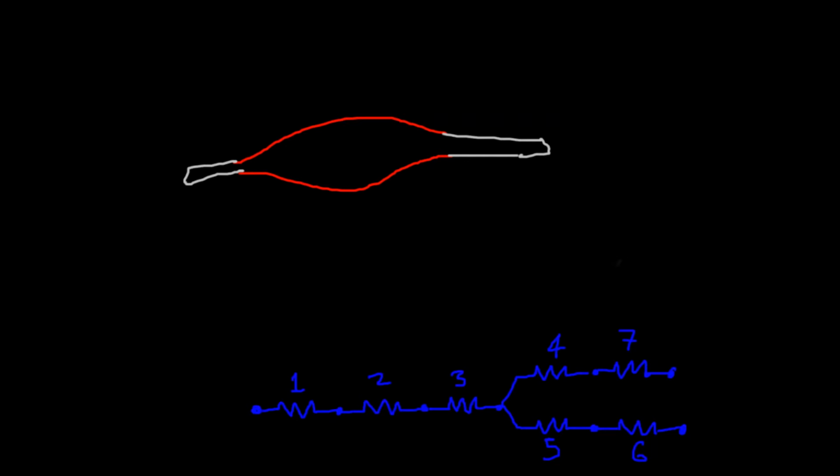So the mass of the muscle here, where does this go? Let's say this has a certain mass M. So where would you put the mass of the section?